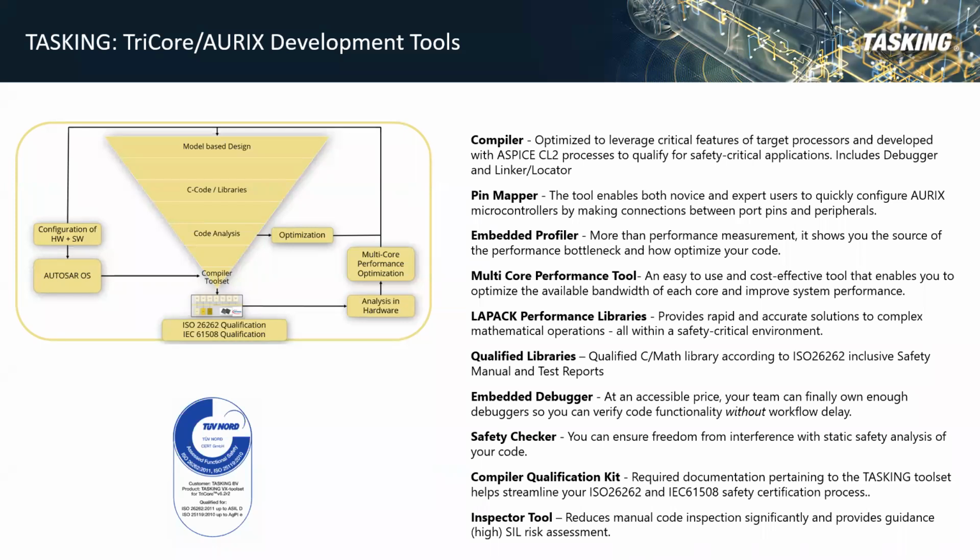Supplementary, Tasking is offering LAPACK performance libraries and qualified C libraries as per ISO 26262. The Tasking embedded profiler and the multi-core performance tool support part of the integration testing. In addition, we offer a static analysis tool, the Tasking safety checker, to ensure freedom from interference. And for hardware configuration, the Tasking pin mapper completes the portfolio.